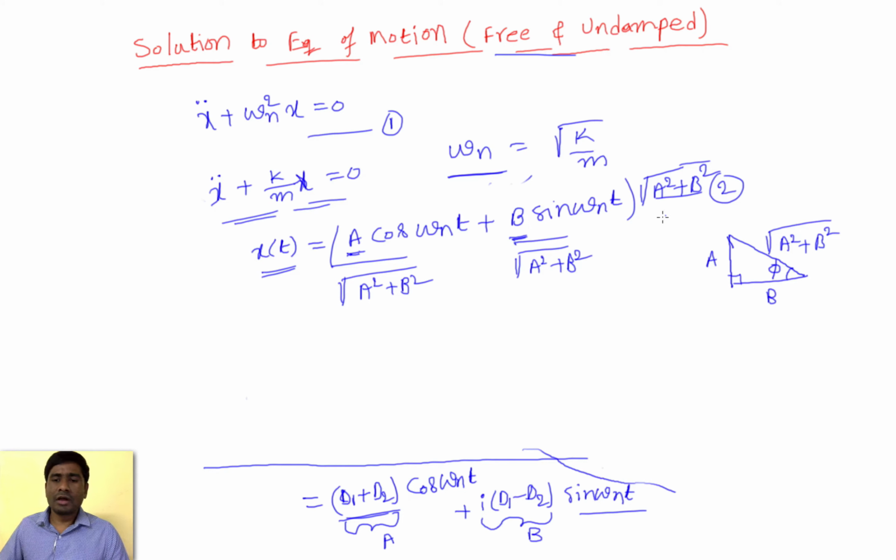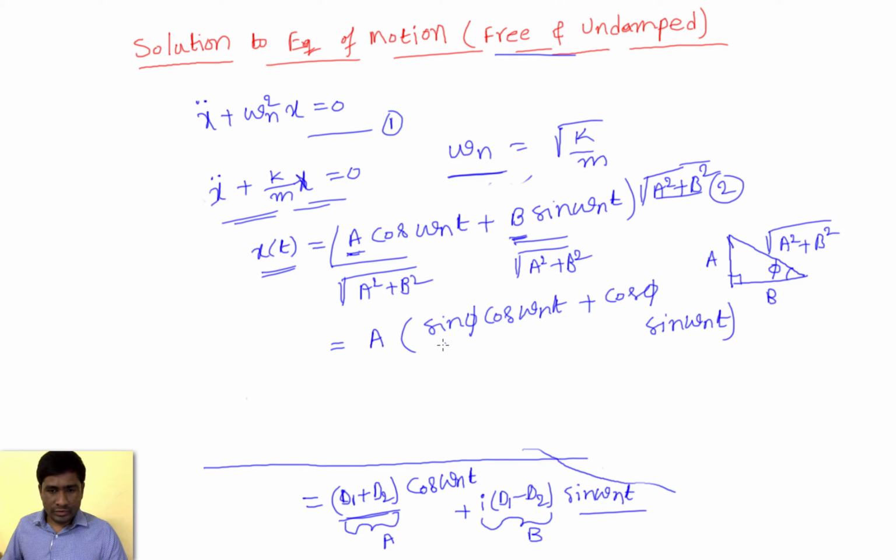I will call the square root of a square plus b square a new variable, amplitude A, into sin phi cos omega n t plus cos phi sin omega n t, and this equation can be written as A into sin of omega n t plus phi.